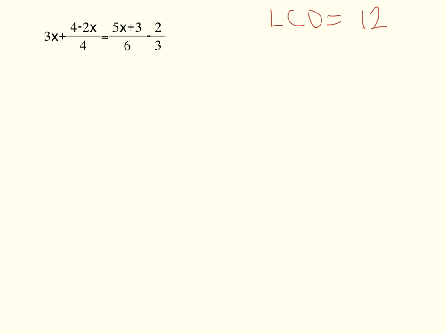Okay, so I have options, and the first option is to go and make all the denominators 12. So I'm going to have something over 12 plus something else over 12 equals something over 12 minus something over 12. I have to multiply each of these terms by whatever gets me to a denominator of 12.